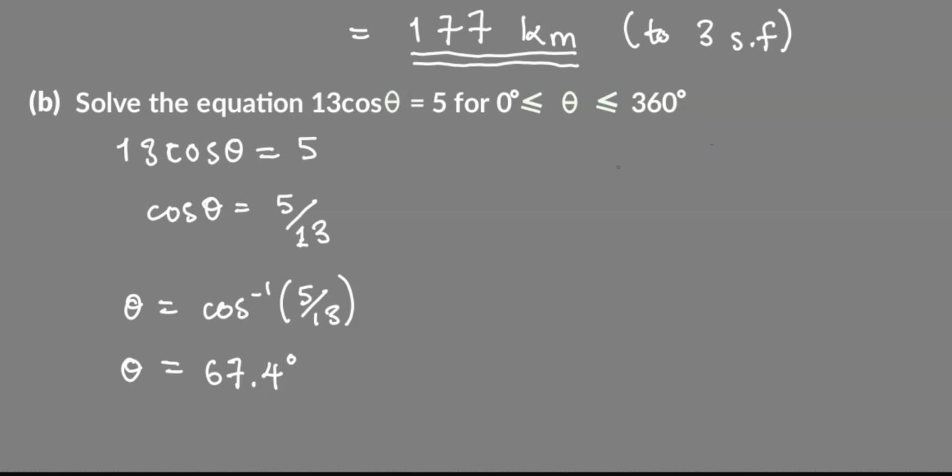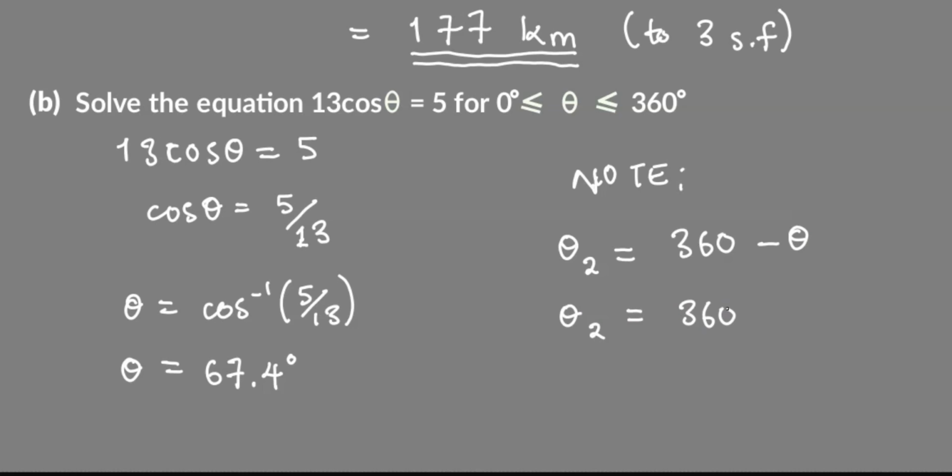Therefore, we're going to find this angle 67.4 in the fourth quadrant. So we should note in this question the second theta is found by using 360 minus theta. So the second theta here, which I'm calling theta 2, is going to be 360 minus 67.38.